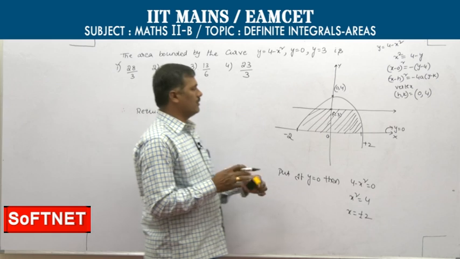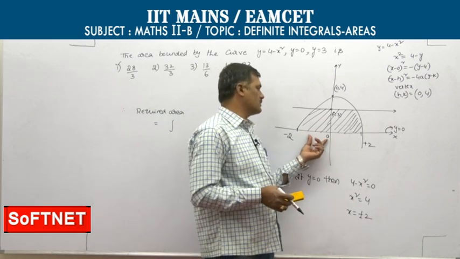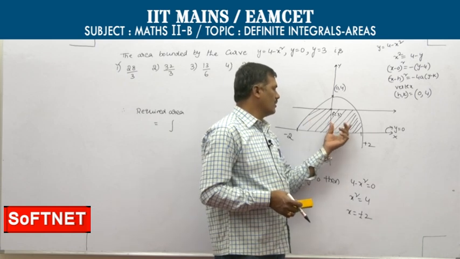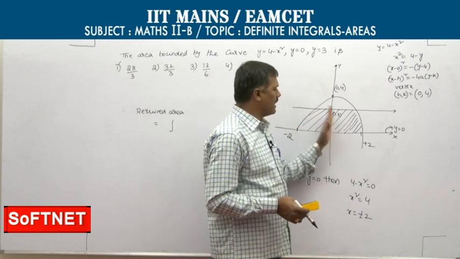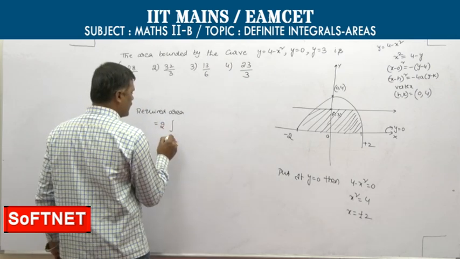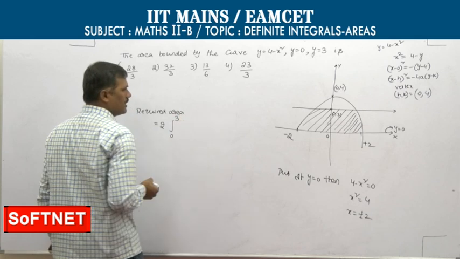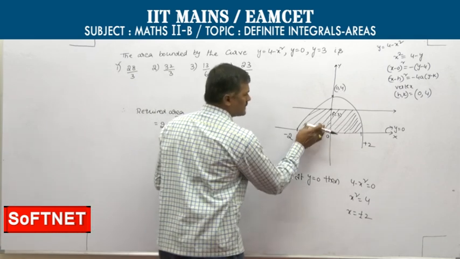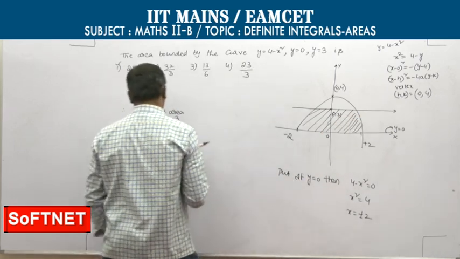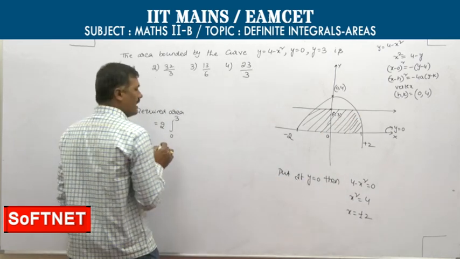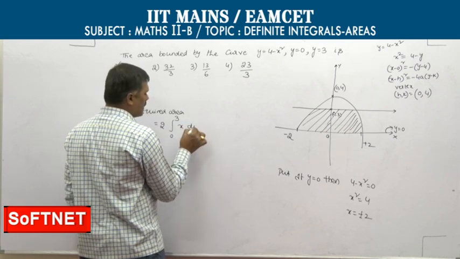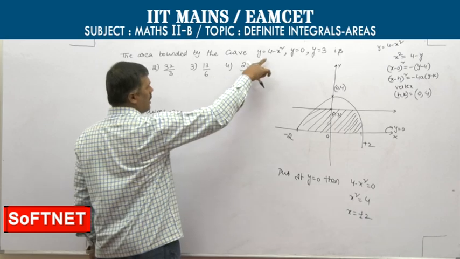the integral over the region from minus 2 to 0, which is one part, and 0 to 2, the other part. Both parts have equal area, that's why 2 times the integral of 0 to 3 of x into dy, where x is equal to g of y.